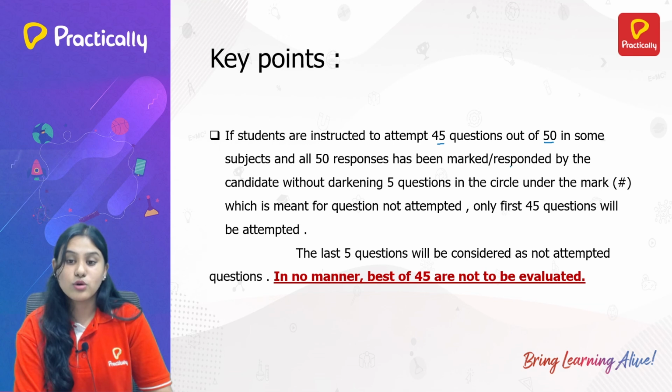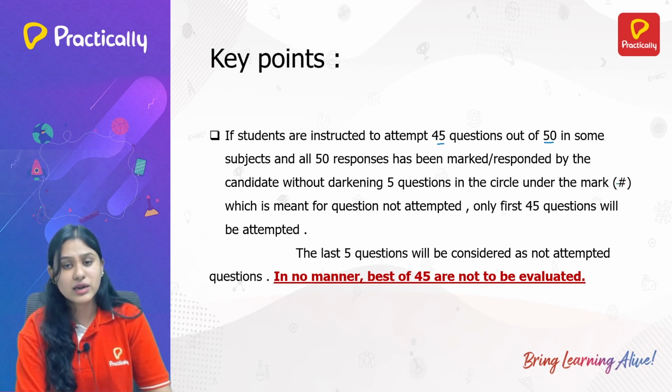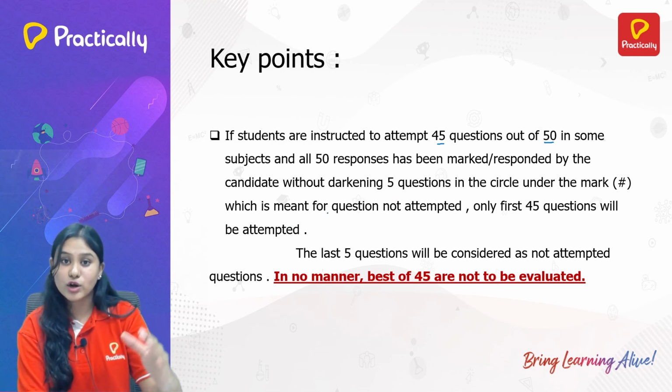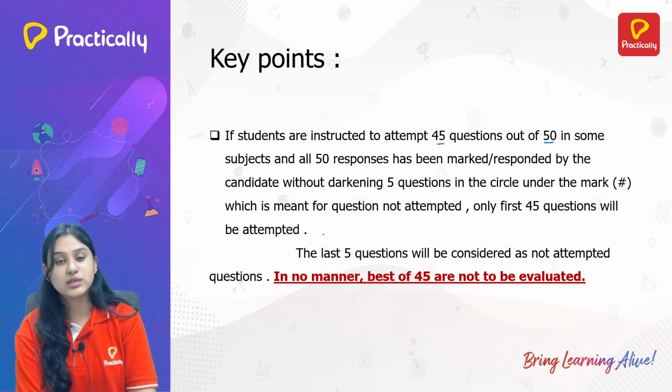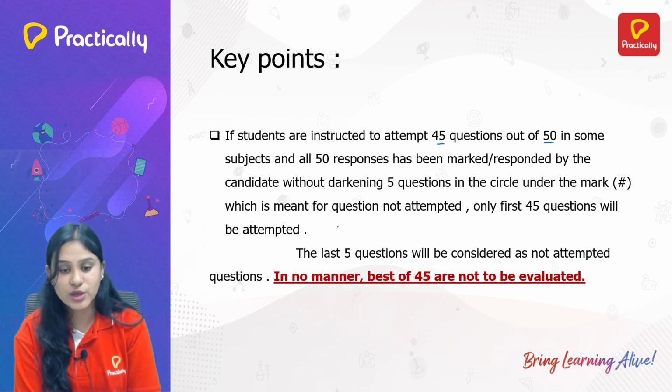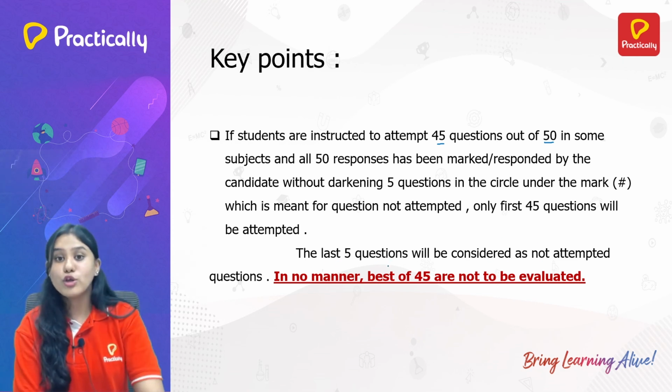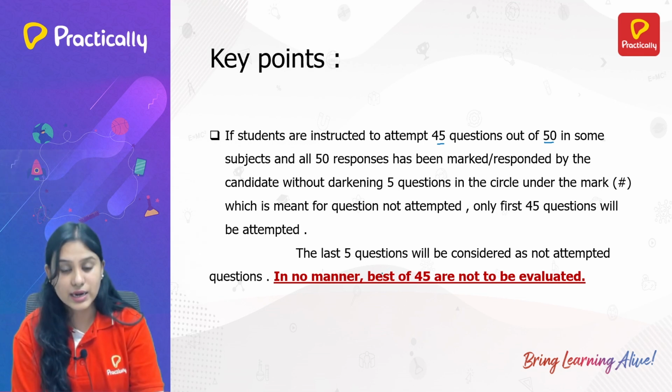Good. So you didn't even dark the 5 questions under the hash mark. Now what happens is your first 45 questions will be considered for the evaluation. The last 5 questions will be considered as not attempted, though you did not circle the unattempted option.